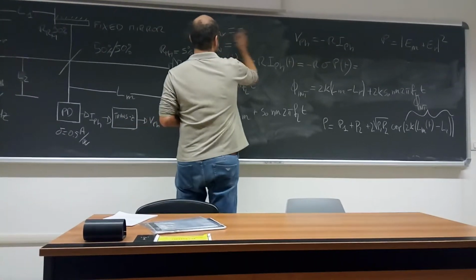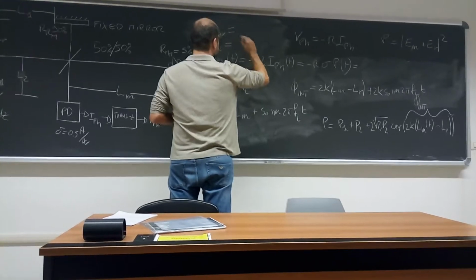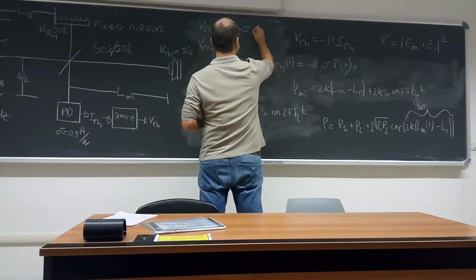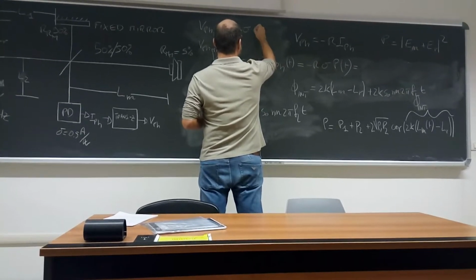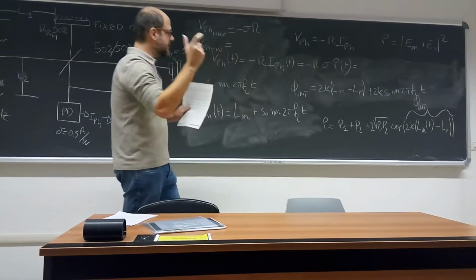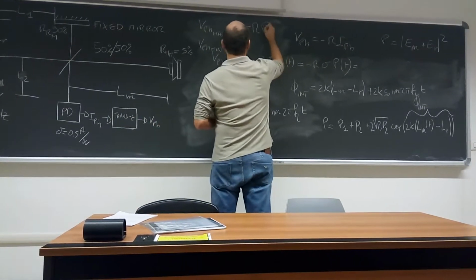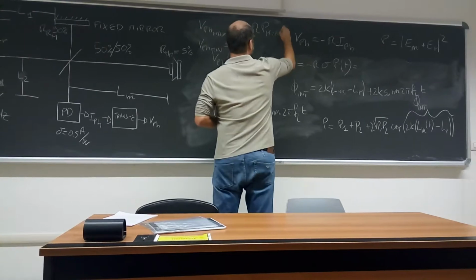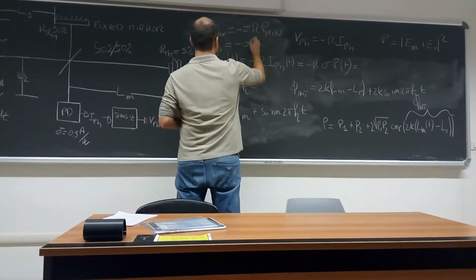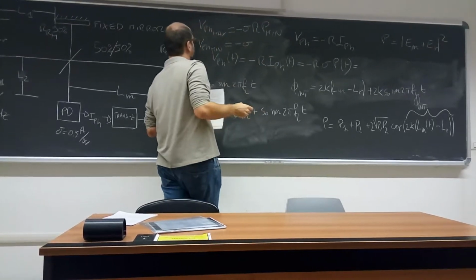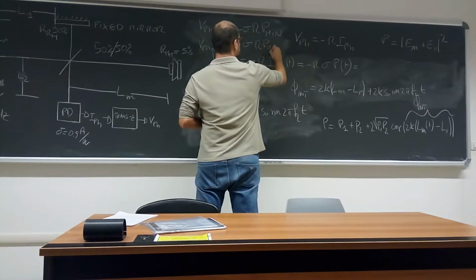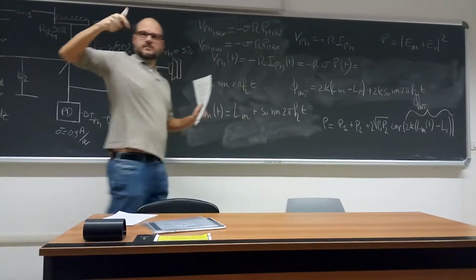Because the maximum value of the photodetected voltage is related to sigma, R is the feedback resistance, and then the minimum value of power, and the minimum value of the photodetected voltage is again sigma R P max. Okay.